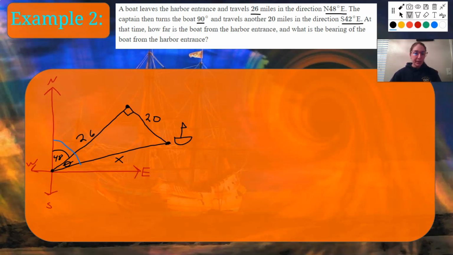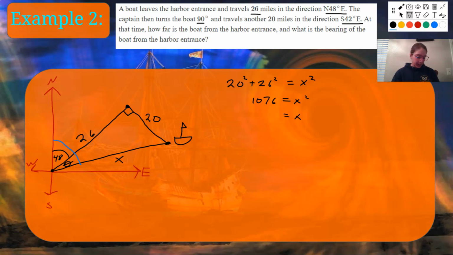So the first, let me do Pythagorean theorem to figure out what x is. So one leg squared plus the other leg squared, x is the hypotenuse, equals x squared. Square these guys, add them together, you're going to get 1096. Let me just double check that so I'm not saying incorrect things. 1076, I'm glad I checked. Equals x squared.